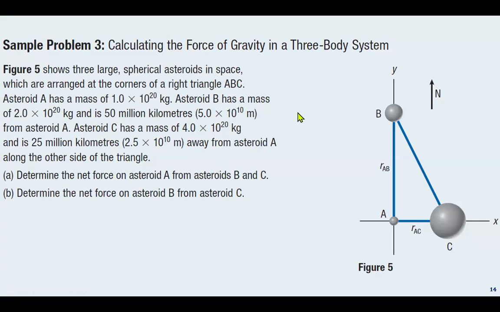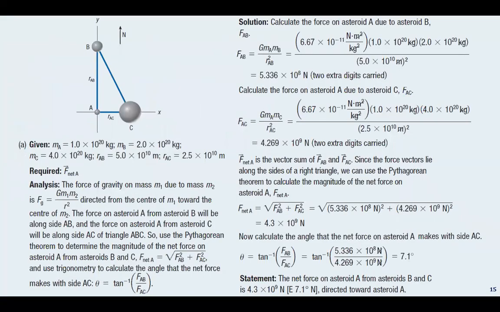Right, let's have a look at the solution. In the first question, again, we can use the universal law of gravitation to calculate the force on asteroid A due to asteroid B first. Let's use the letter FAB to denote this force.